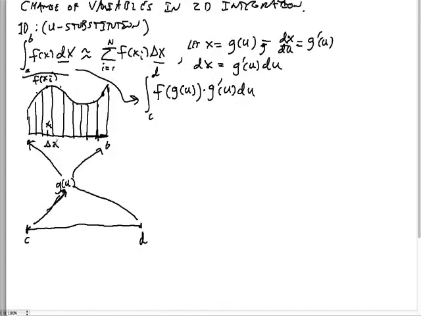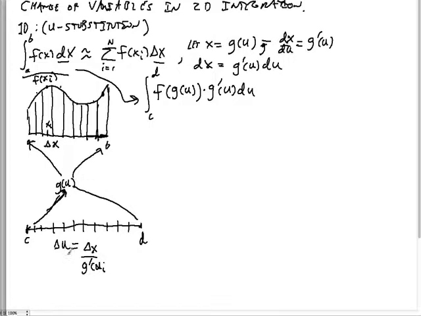And the idea then is that the delta x's become some different partition. We'll call them delta u. And delta u, of course, is going to be equal to delta x over g prime of u.